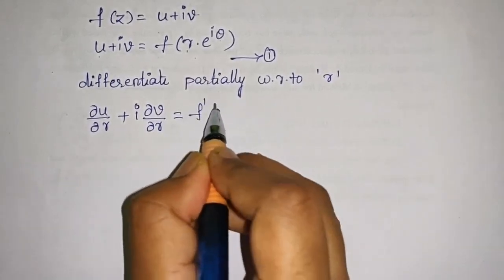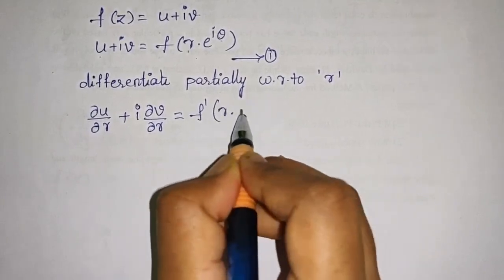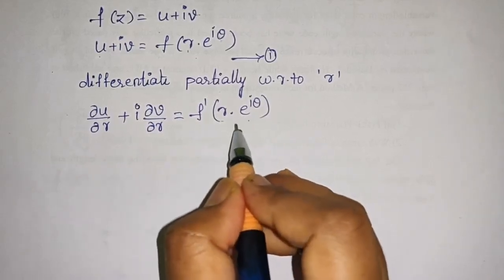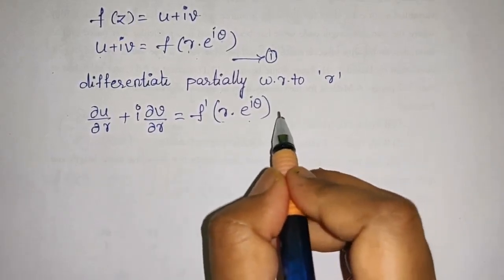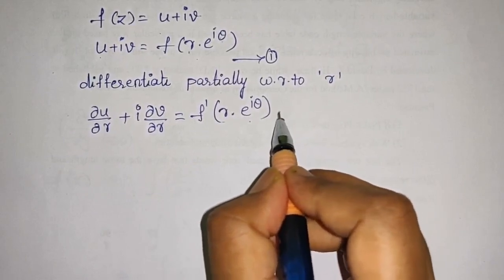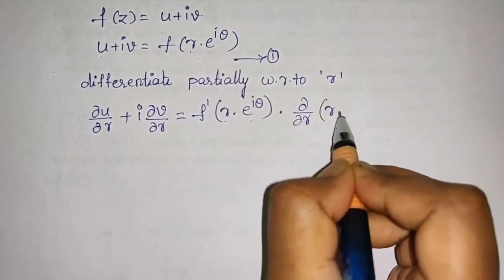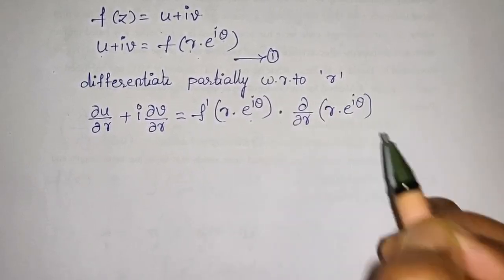So first f dash of r e power i theta, where internally we have the function, so we are differentiating it again, into dou by dou r of r e power i theta.